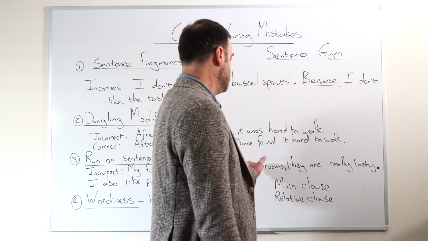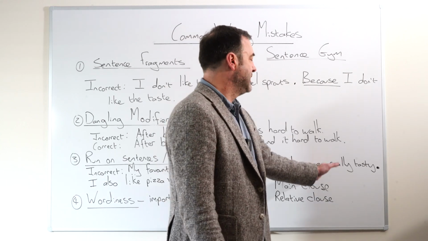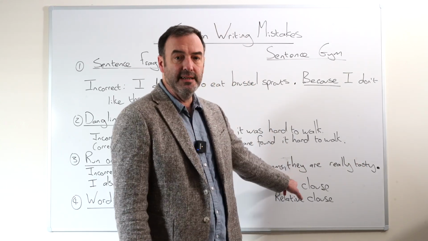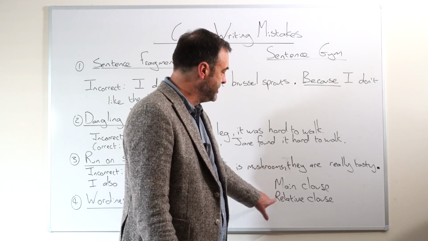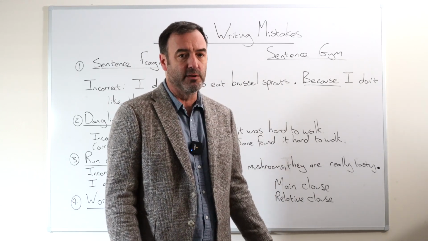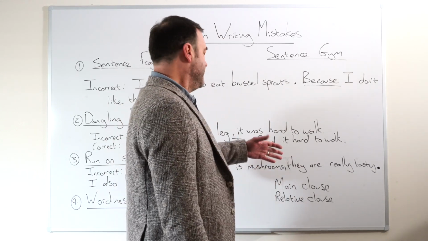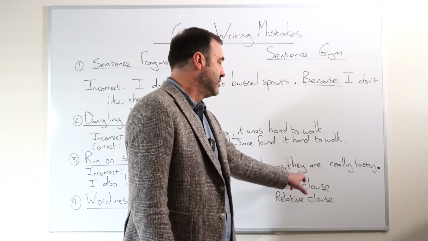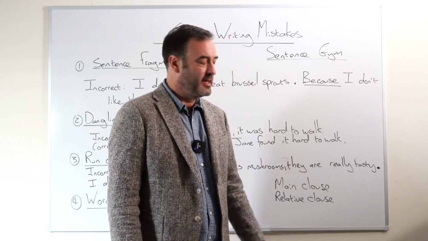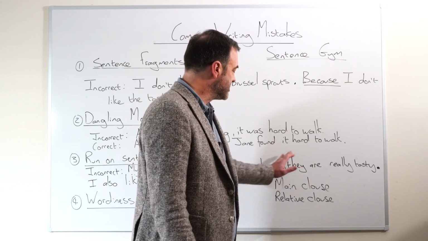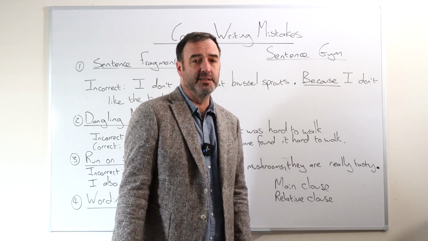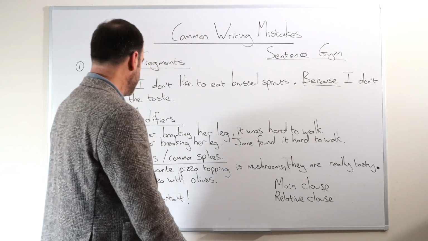That's a main clause. They are really tasty. That's a main clause as well. So you don't use a comma here, because you use a comma when you're using relative clauses, not joining main clauses together. You would either use a connective here or a semicolon, or have them as separate sentences, but not a comma, because they are two main clauses. Again, I would go and look at my Sentence Gym video. It will clarify a lot of things here.